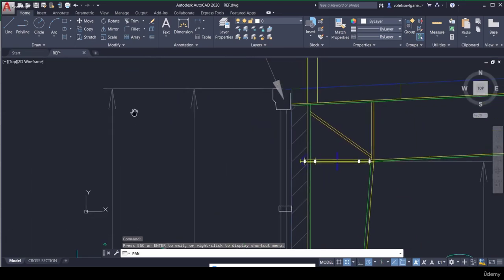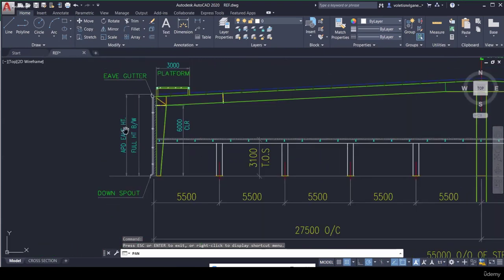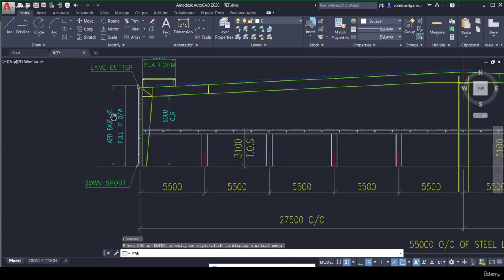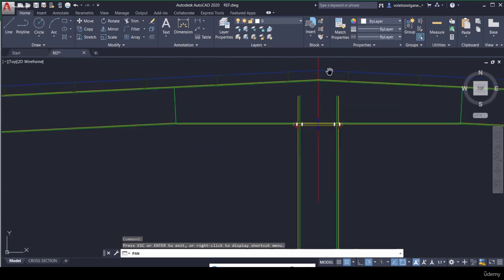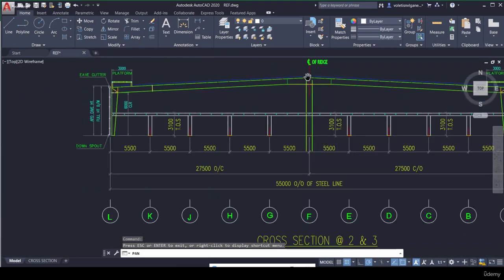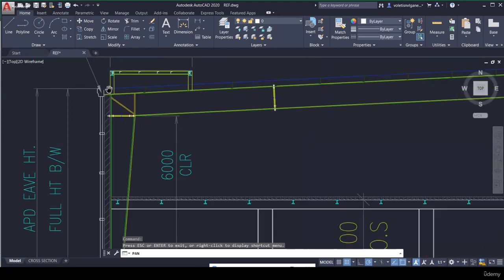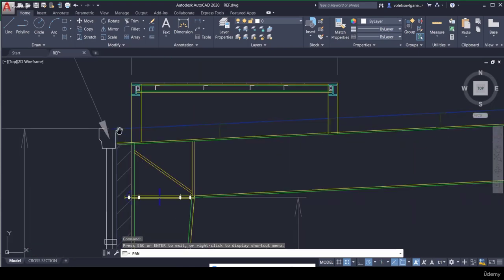The height from the bottom level to the top of the eave strut is the eave height, because the height is up to the eave strut only. The peak point in the building is called the ridge height.